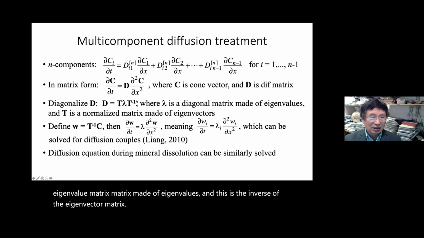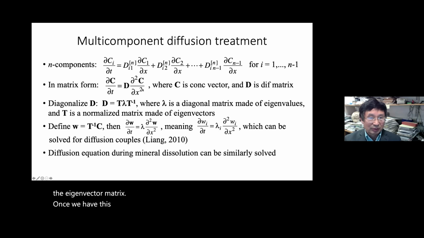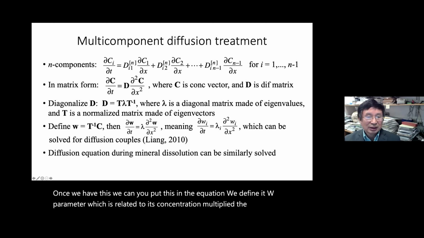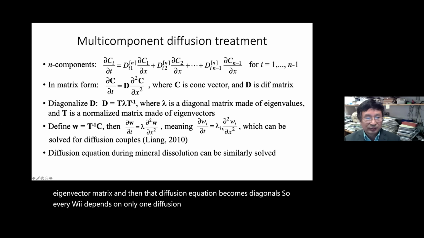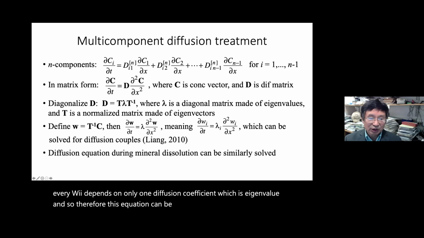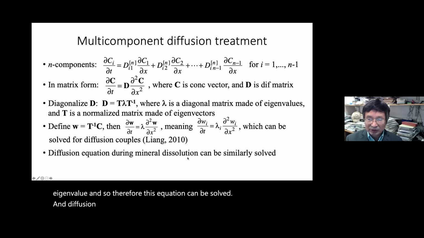Putting this into the equation, we define a W parameter, which is the concentration multiplied by the inverse of the eigenvector matrix, and then the diffusion equation becomes diagonalized. So every Wi depends on only one diffusion coefficient, which is the eigenvalue, and therefore this equation can be solved. Diffusion during mineral dissolution can also be solved in a similar way.